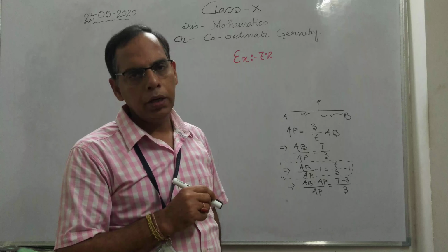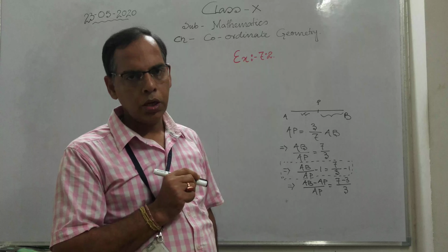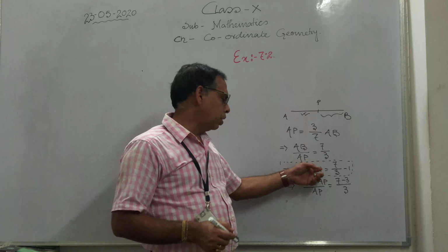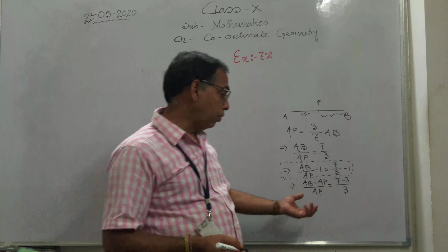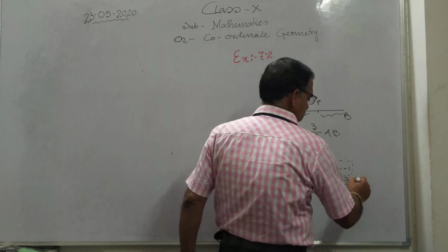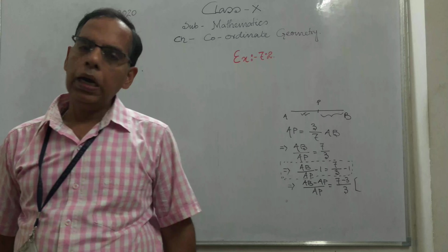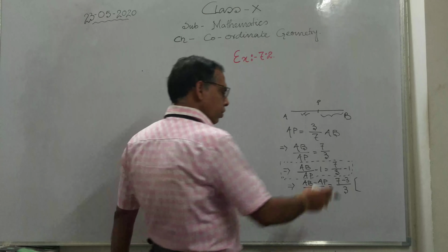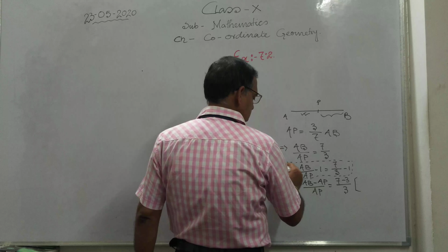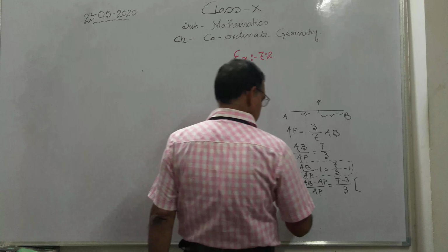Dividendo property of ratio and proportion. If you use the previous step, no need to write it. But if you use this part directly, then within the bracket you have to write 'by dividendo'. But if you use the previous one, then no need to write that. Okay? So then let's see.